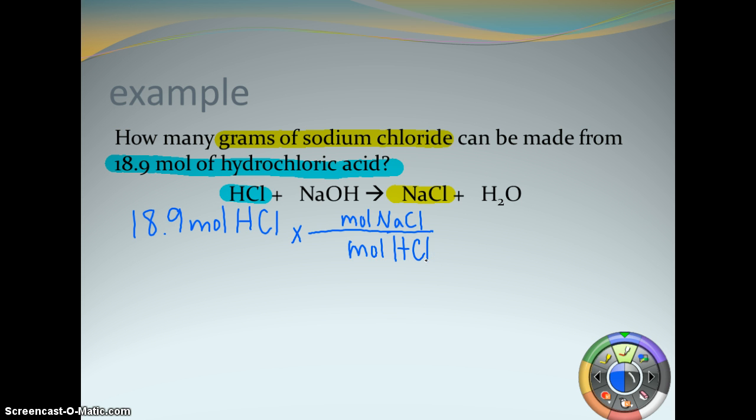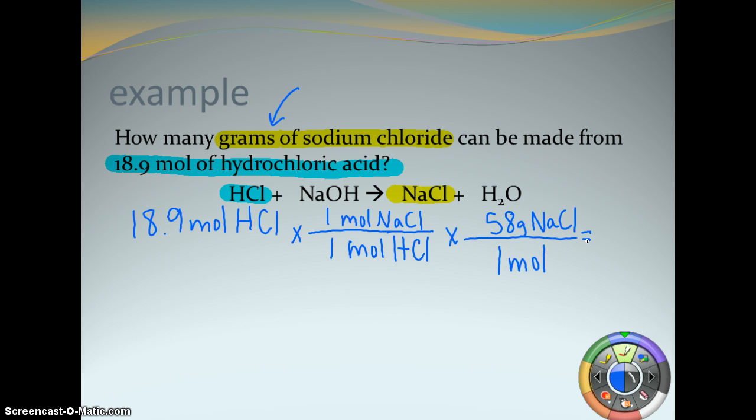So go to your balanced equation. It is 1 to 1. Do we want moles of sodium chloride? No, we want grams. So molecular mass of sodium chloride, 23 plus 35 is 58.